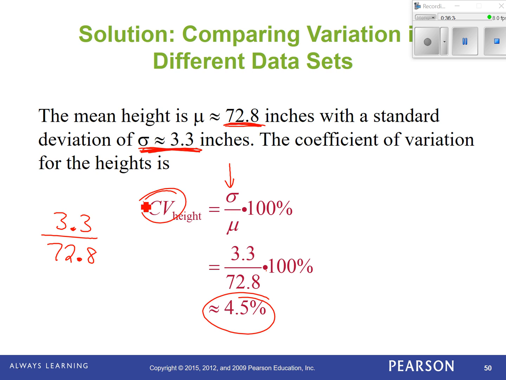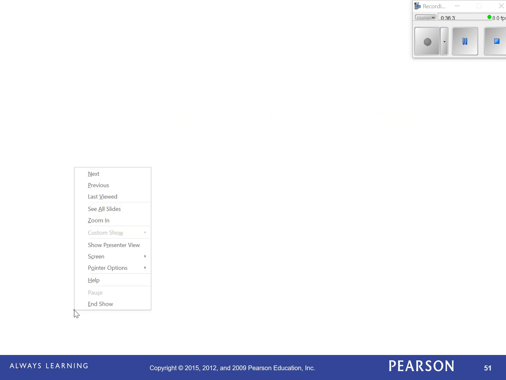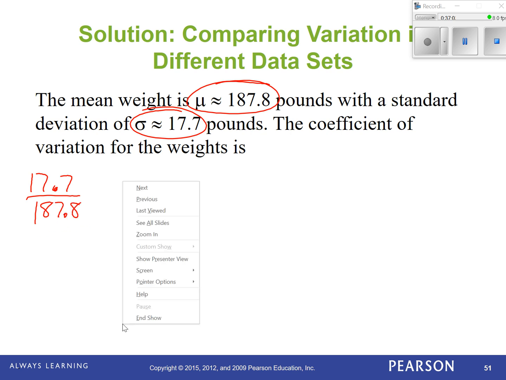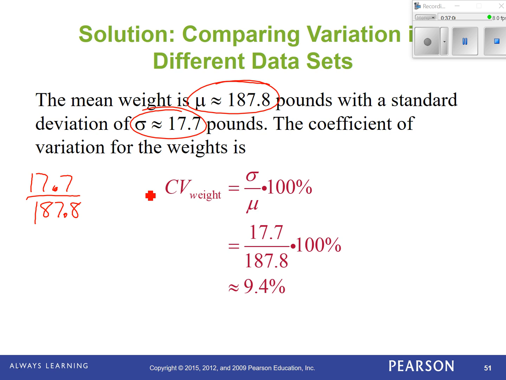That's the heights. Now we do the same thing for the weights. If we go back to the chart and I plug in all the weights, I end up with the mean being 187.8 and the standard deviation being 17.7. So I'm going to do 17.7 divided by 187.8. That's going to give us our CV. I times that by 100% and I end up with about 9.4%.